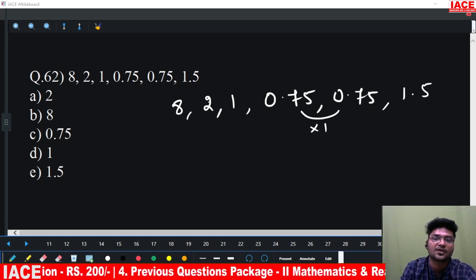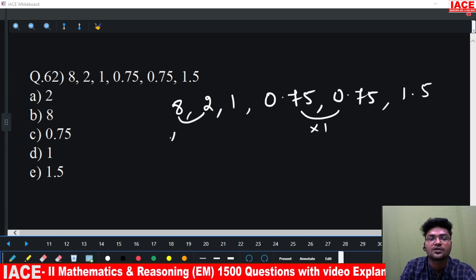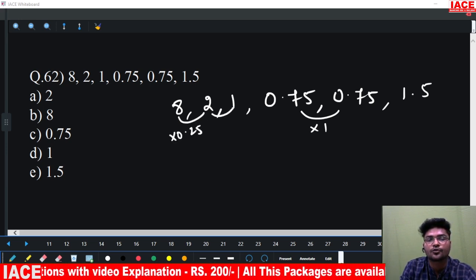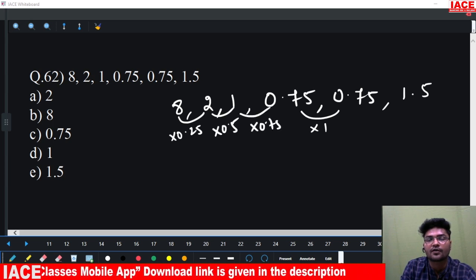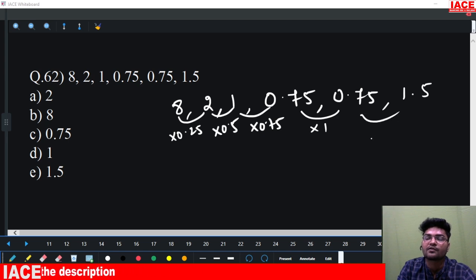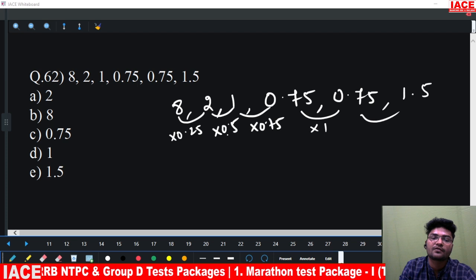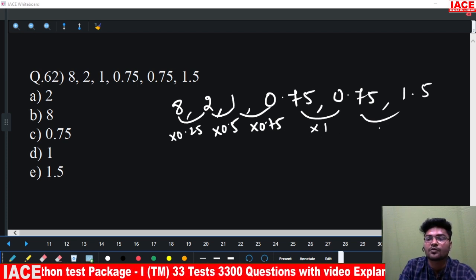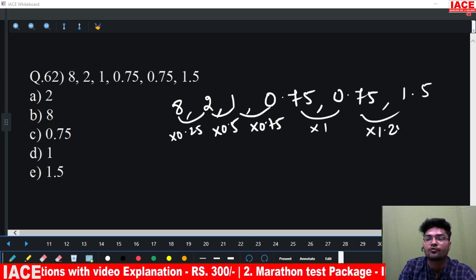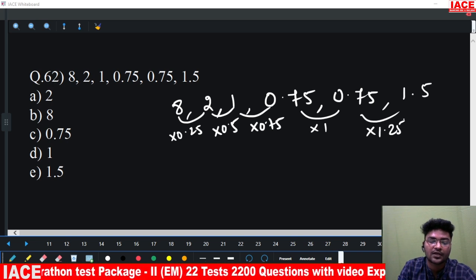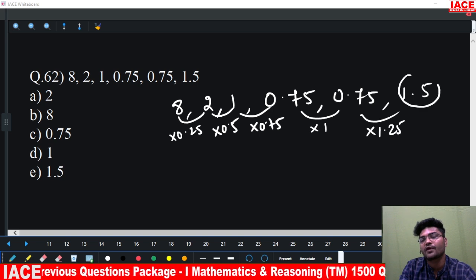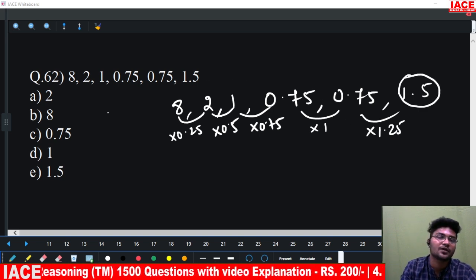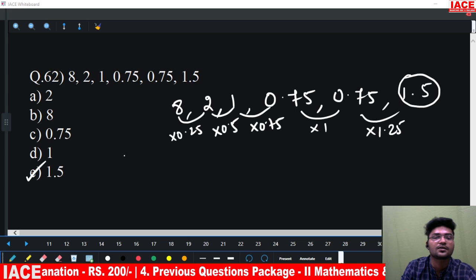Let us check what is happening. 8 to 2 is multiplication of 0.25. 2 to 1 is 0.5, 1 to 0.75. So 0.25, 0.5, 0.75, 1. So this should be into 1.25. But what is actually happening? It is getting doubled. Doubled means this 1.5 is a wrong number. Option E is the correct answer.